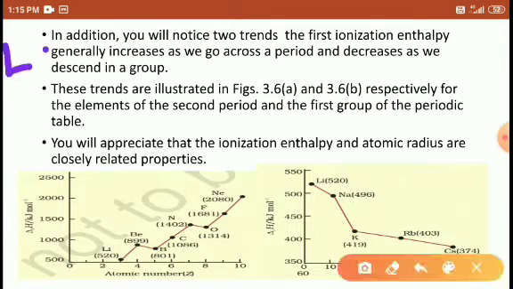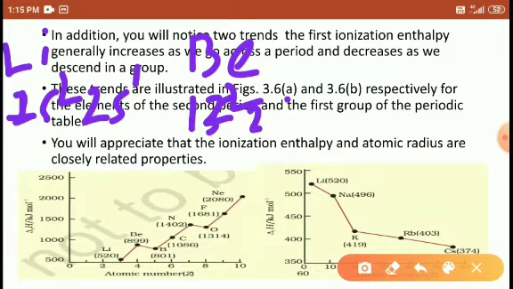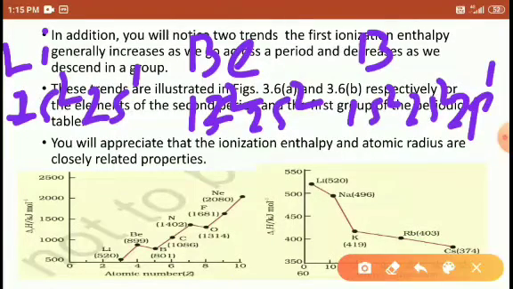Look here, students. Lithium is 1s2 2s1. Beryllium, atomic number 4, is 1s2 2s2, and boron, atomic number 5, is 1s2 2s2 2p1. In this case the electrons are added in the same second energy level.